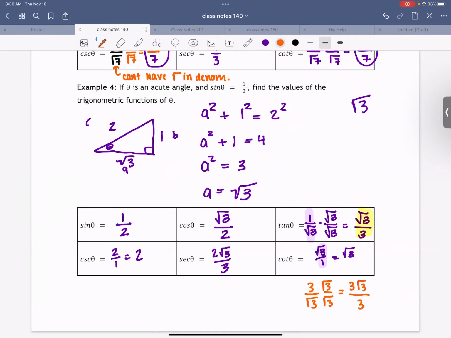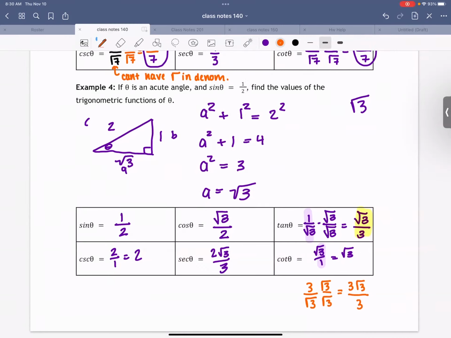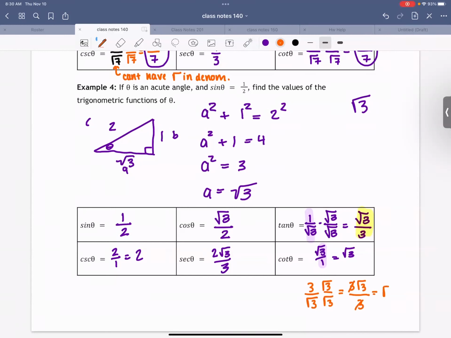Wait, that doesn't look like what Marissa got. So why is that the same answer? Yeah, there's a 3 on top and a 3 on bottom. So you'd have to cross those out and then get the square root of 3. So you can do the second way, but it's just a little bit more work. I recommend doing it Marissa's way.